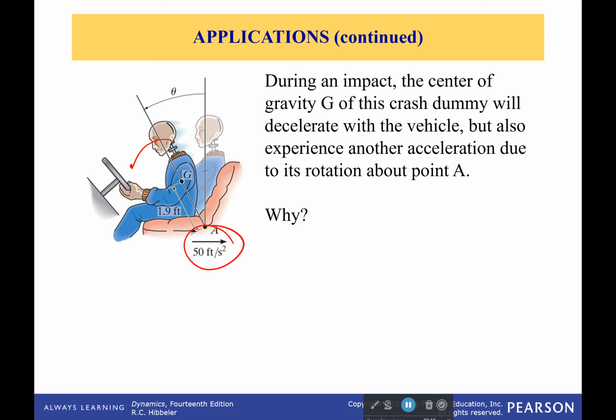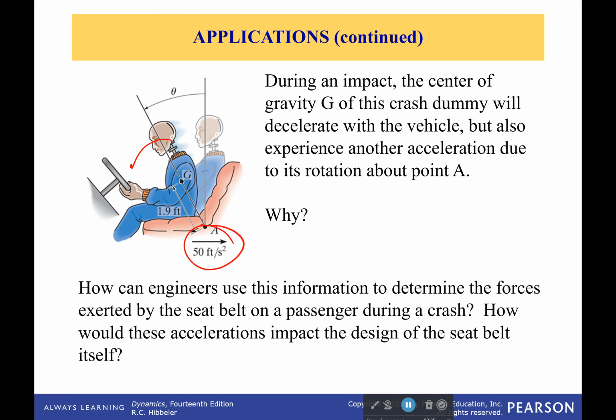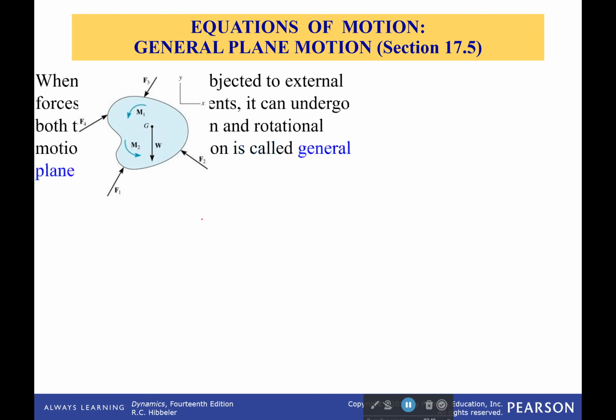And he's going to feel that deceleration, as well as rotation about this point A, because he moves from his hips because of the seatbelt. So how can we use this information to determine the forces exerted by the seatbelt on your body? Because we don't want the seatbelt to accidentally kill you. Well, these are all questions that we're going to be able to solve after we understand how general plane motion works. So let's jump right into it.